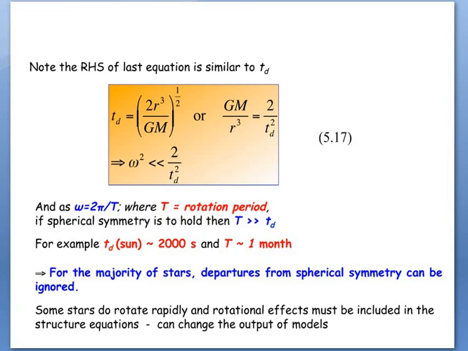That means if it is violated, how fast do changes occur to the structure of a star? And if you remember, what we did was we found the free fall time scale.